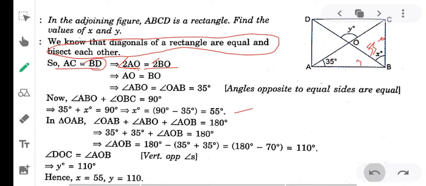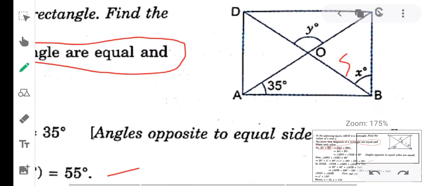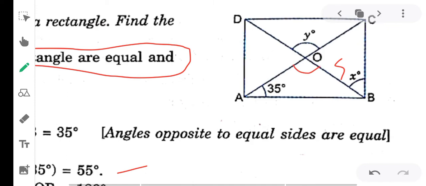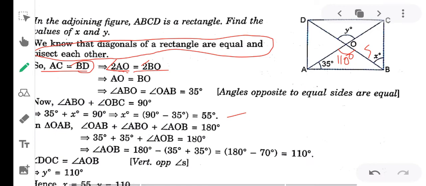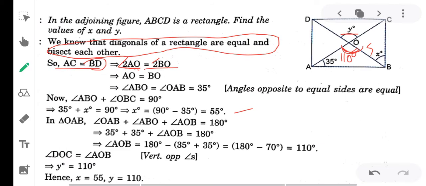So this angle is 110 degrees, and angle y will be 110 degrees, because these two angles are vertically opposite angles and vertically opposite angles are the same. So y equals 110 and x is 55.